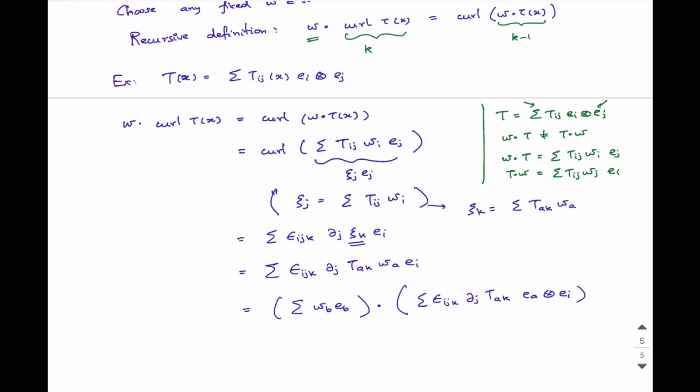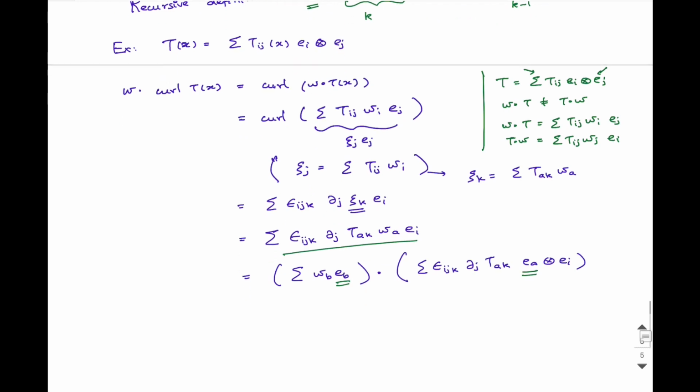The idea is that if you take the inner product, you have the inner product of e_b dot e_a times e_i, but e_b dot e_a is delta_ab. So b gets replaced with a, and you recover this expression. That's the basic idea.